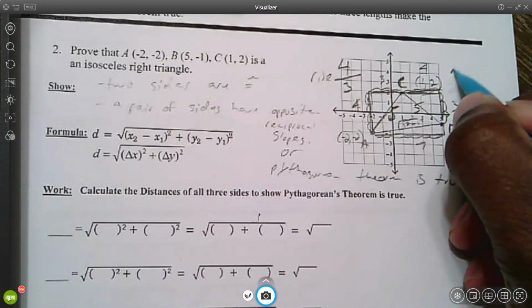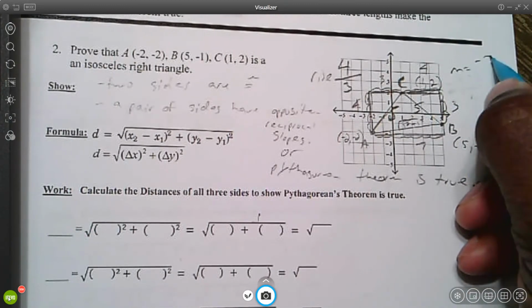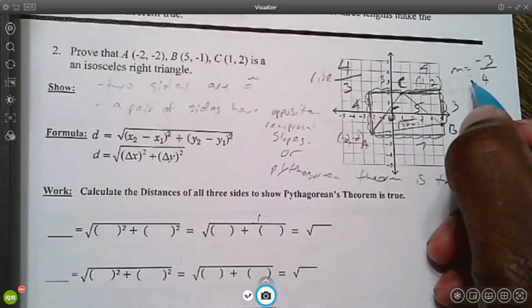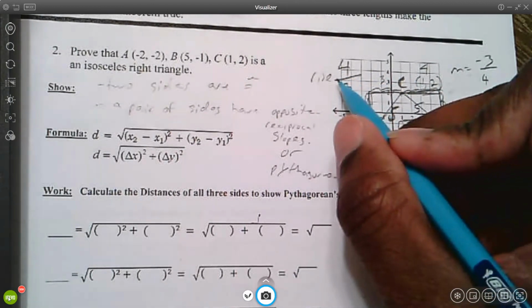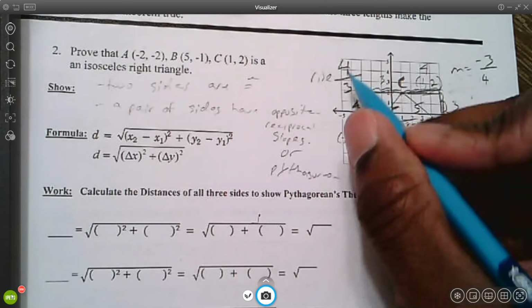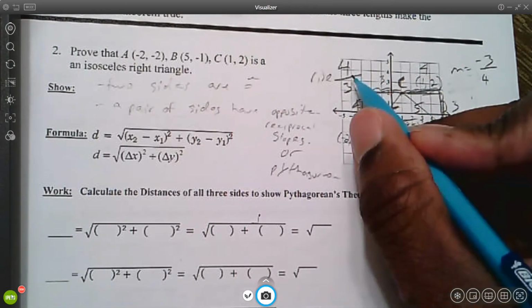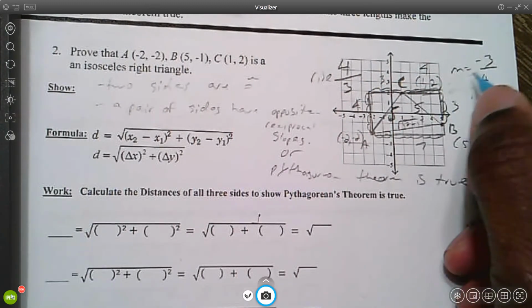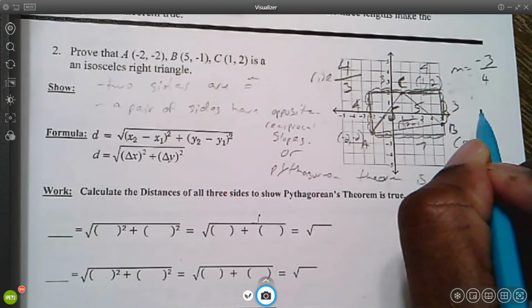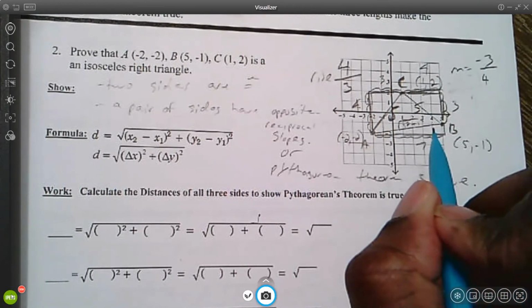So my slope here is down 3, right 4. So if these are opposite reciprocals, then that's a right triangle. And 4/3 and 3/4 are definitely reciprocals. And one's positive, one's negative, so they are opposite reciprocals. So this is an isosceles right triangle. So I can prove that I know for certain that's true.